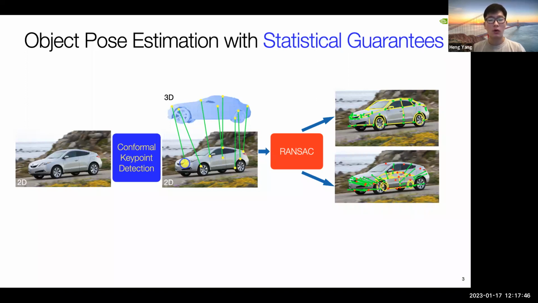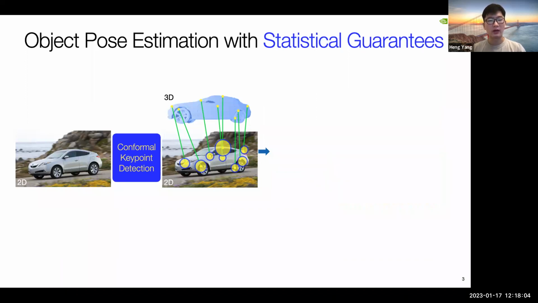We'll have one circle or one such shape for each keypoint, so if this vehicle has 10 keypoints, then we'll have 10 different circles. Some of them may be larger, some of them may be smaller. That's the first change that we bring into this pipeline.